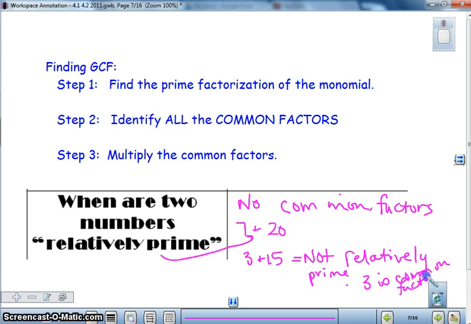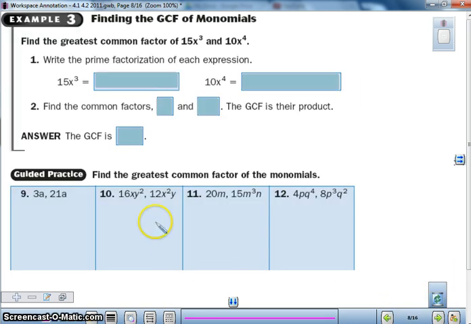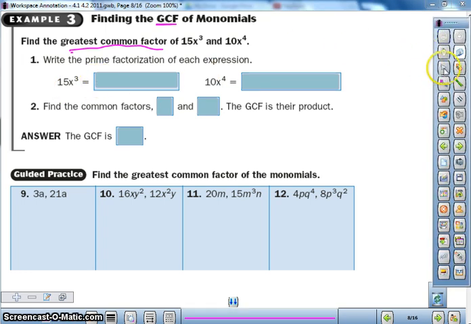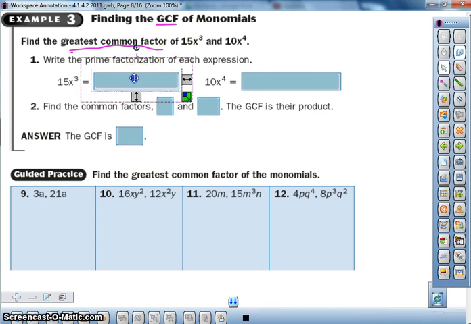Now, we're going to take a look at some examples. Please write on the bottom of page 2 in your notes, right below 4.2, find the greatest common factor. You might want to write that out, or you could put GCF of 15x to the cube and 10x to the fourth. First thing you're going to do in your notes is put down 15x cubed, and we want to see the prime factors.